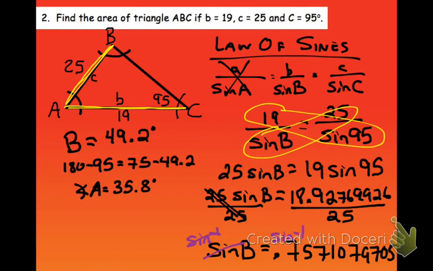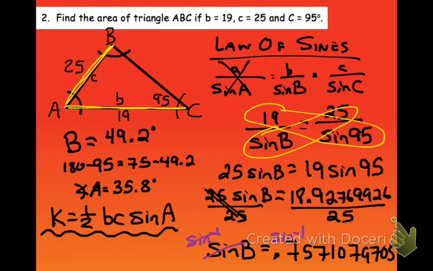And now you could plug this back in to your K equals 1/2 BC sine A. We will finish that up in class tomorrow. So I hope you have all this. What I'd like you to do right when you come in, before we even do an index card quiz, is plug this into a calculator and see if you can figure that one out.